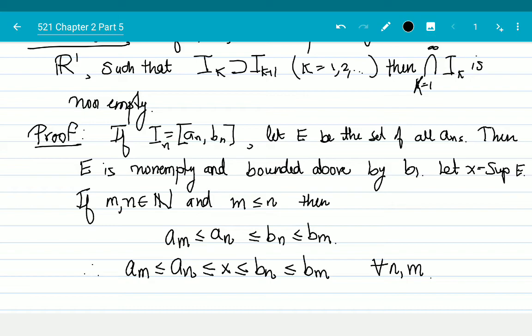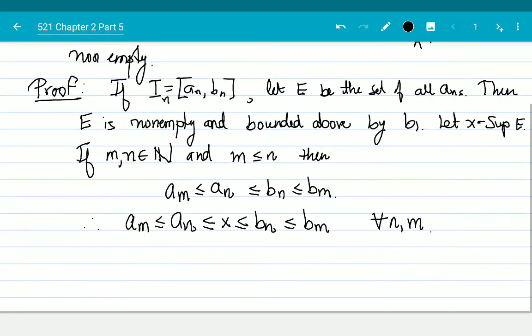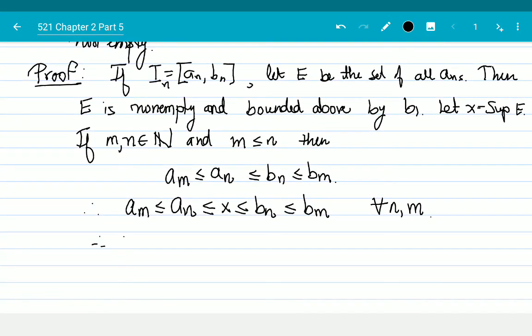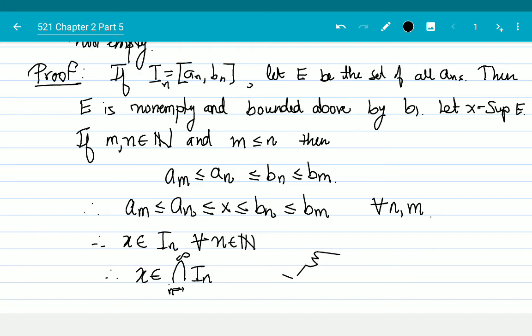And therefore x belongs to I_n for every n belonging to N. Therefore, x belongs to the intersection of I_n, n equal to 1 to infinity.